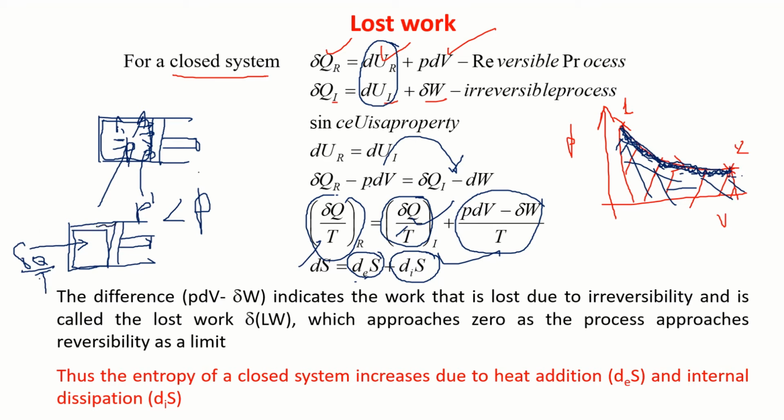Here again there will be friction, there will be disorder, correct, internal dissipative effect, and because of that again entropy increases. That is internal entropy, this one. Okay, so thus the entropy of a closed system increases due to heat addition, this one, and also internal dissipation.